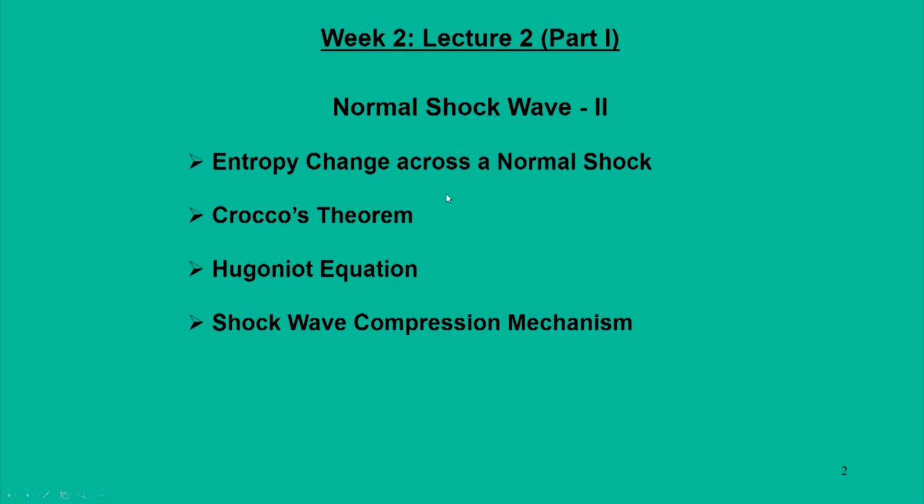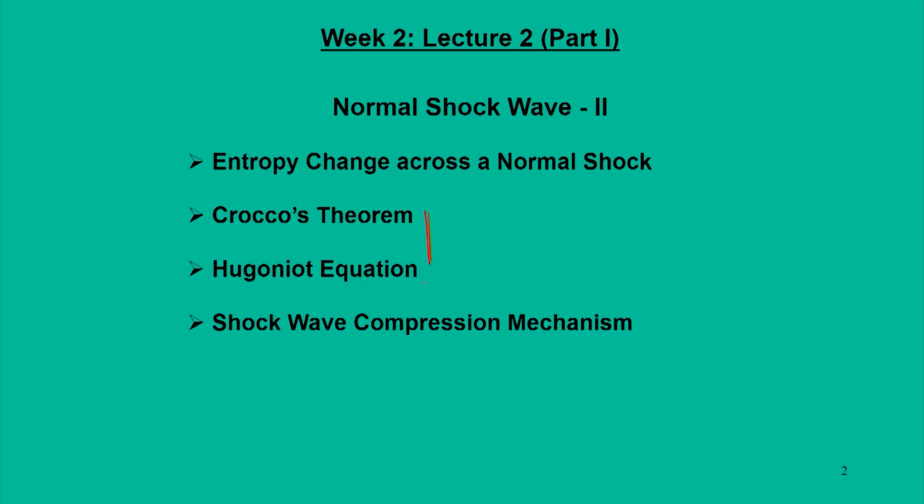Then we will introduce two fundamental theorems. One is Crocco's theorem, the other is the Hugoniot equations, that will give you the relations between thermodynamic parameters and fluid mechanics parameters about the information in the flow field which takes place across a normal shock.